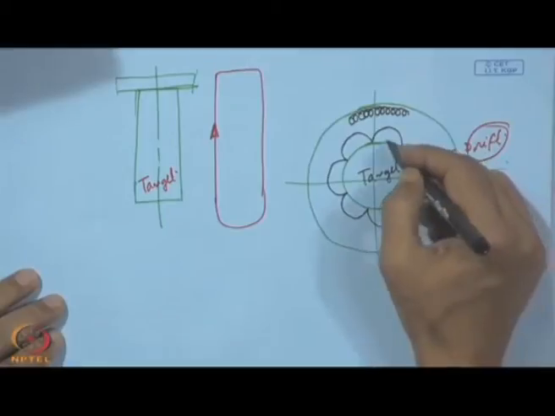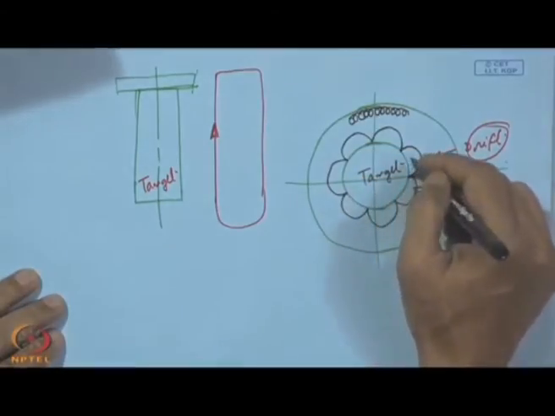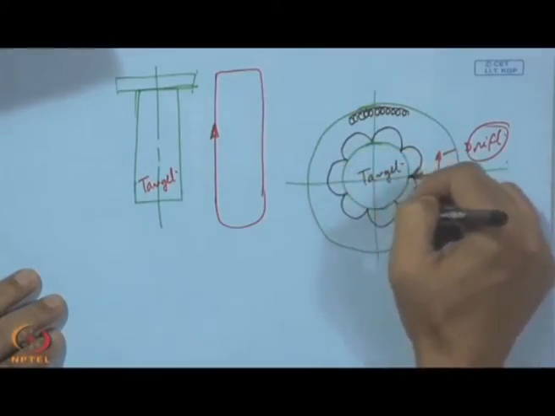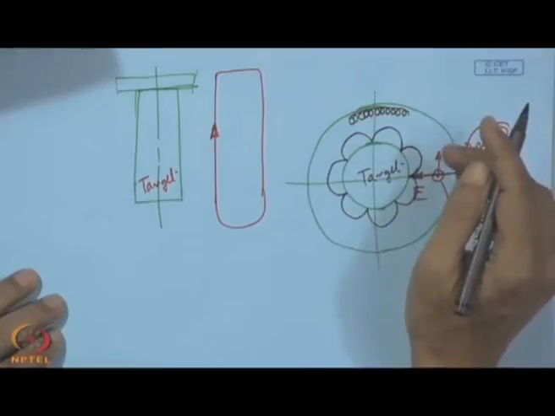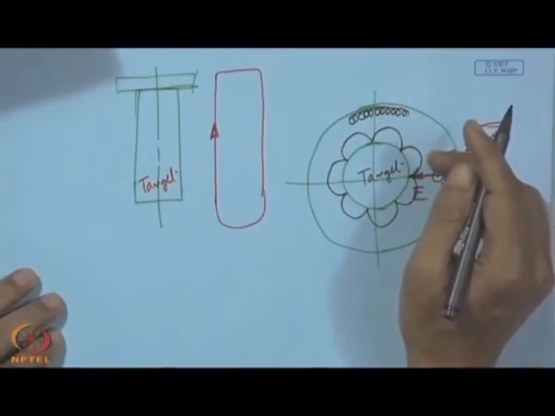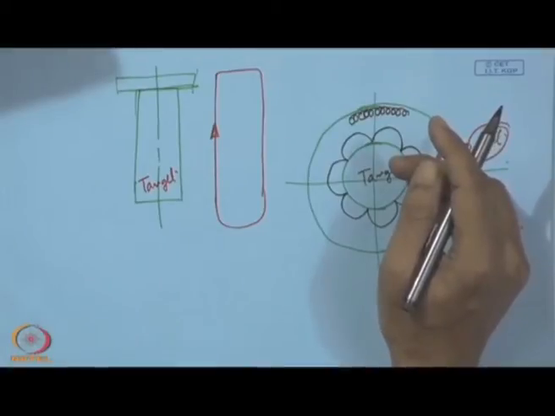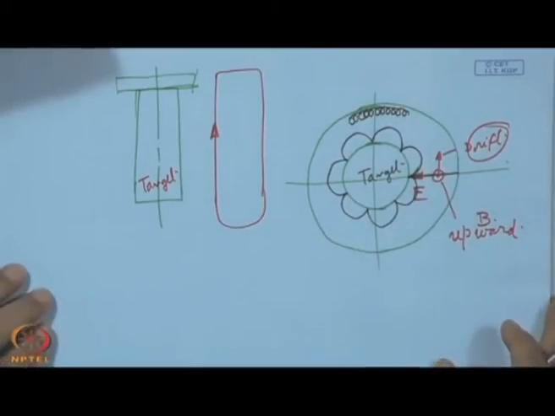So, it can be used for coating the internal surface of a tube. What we see now is that this magnetron is helping in getting a low discharge voltage, high discharge current, high deposition rate, and a requirement of low pressure.